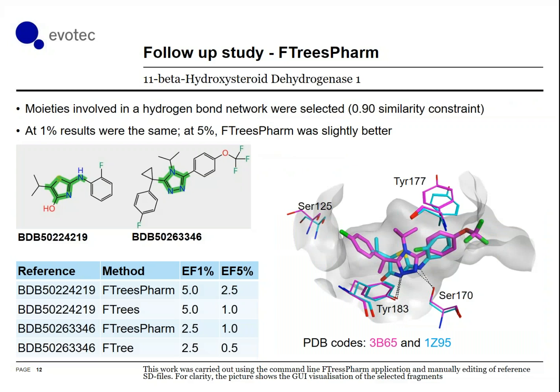So this is the first study case, for 11-beta hydroxysterol dehydrogenase 1.